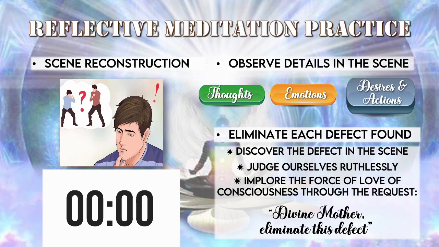This practice can be especially important when we work on the defects related to lust, which prevent us from achieving chastity and from making wise use of our sexual energy. By bringing sins related to lust into meditation, we can observe how these defects manifest in the mind, in the emotions, and in the sexual center, and even how they appear in the body as different tensions or sensations of a sexual nature.